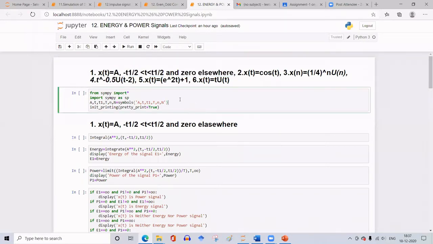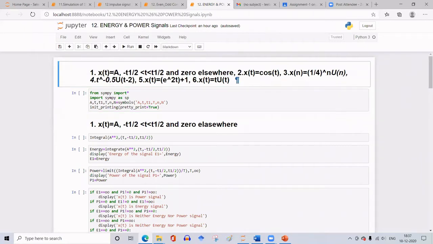So let me calculate that. I'm importing all the functions of SymPy and importing SymPy as the short form SP. And check what are all the variables we have to define for all these 4 problems.